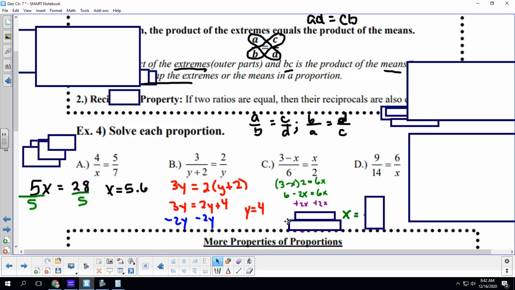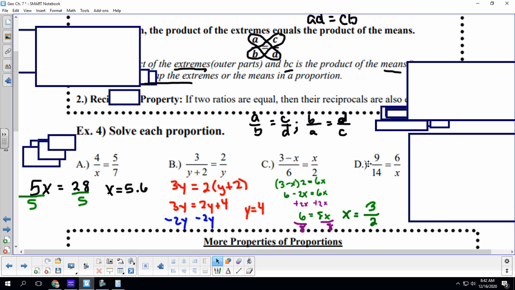We add 2 x's to both sides. And we get 6 is equal to 8x. We divide both sides by 8. And we get x equals 3 halves. If you want to write it as 1.5 or want to simplify it down more, you can.